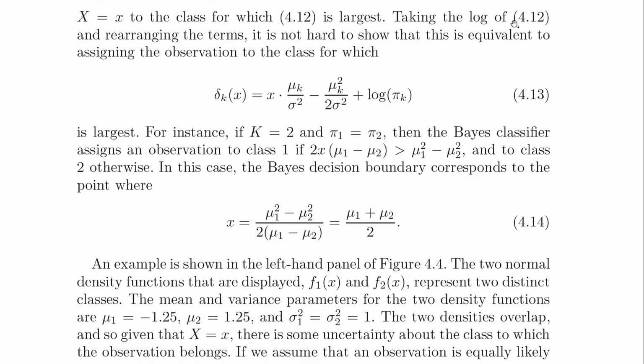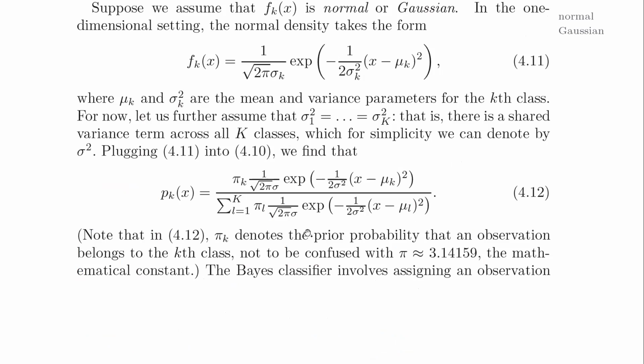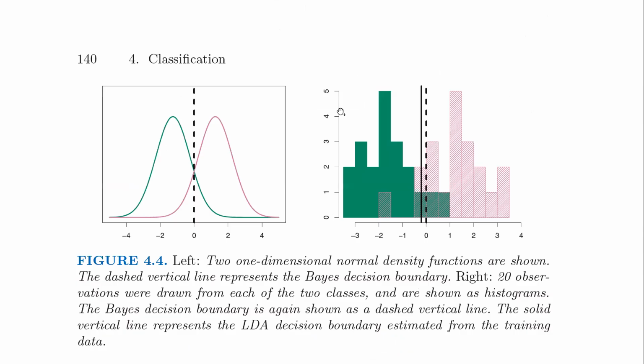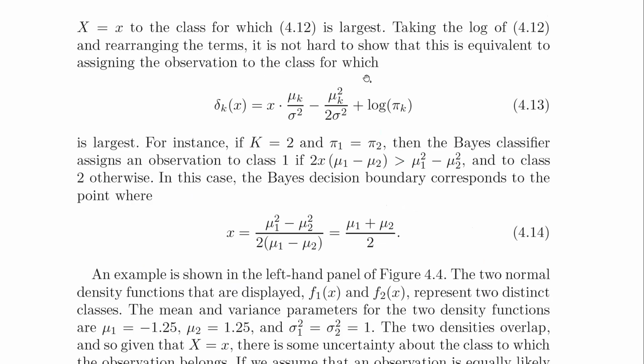Taking the log of 4.12, so taking the log of all this and rearranging the terms, it is not hard to show that this is equivalent to assigning the observation to the class for which this is largest. Don't ask me how they got this.